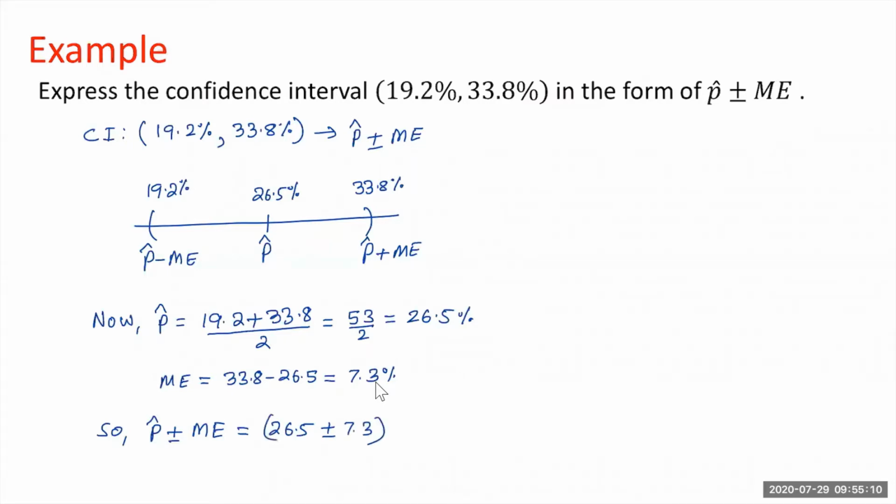This is all in percentage. So it is 26.5 plus or minus 7.3%. That is how we can change the interval written in this form to this one. Here the interval is given from 19.2 up to 33.8, which is the same as 26.5 plus 7.3, you'll get this value, and 26.5 minus 7.3, you'll get that value.